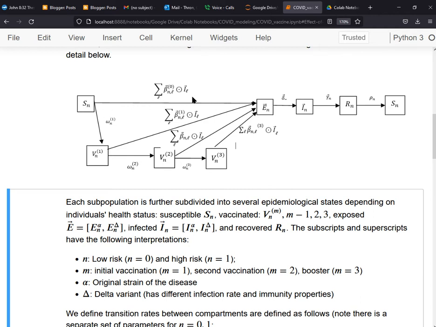S could go into a alpha variant exposed or delta variant exposed. So we need a 2-vector. This transition rate is a 2-vector, because there are 2 possible outcomes here. So really you could think of this as 2 arrows in one.